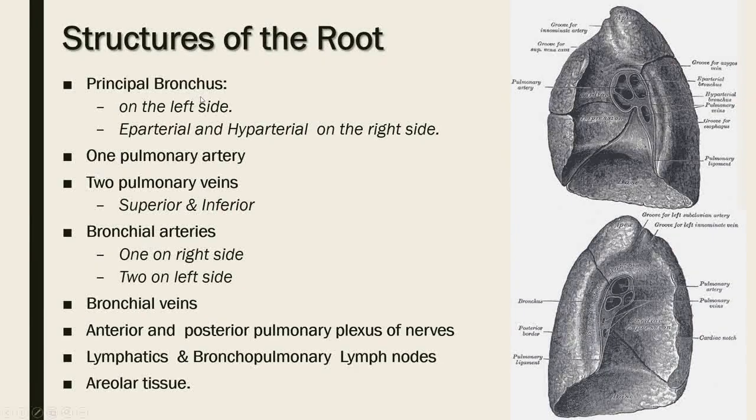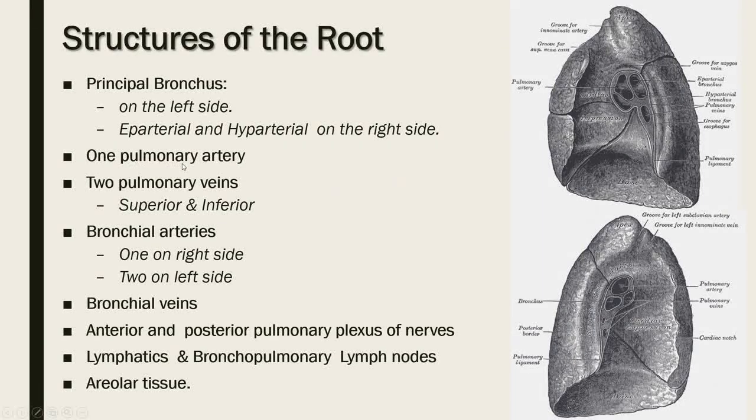Principal bronchus. In case of the left side, there will be one single principal bronchus. On the right side, the principal bronchus immediately divides into the eparterial and the hyparterial bronchus. We can see at the right lung the eparterial bronchus and the hyparterial bronchus.